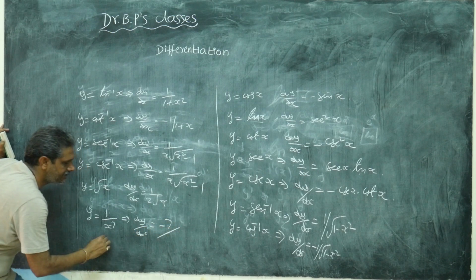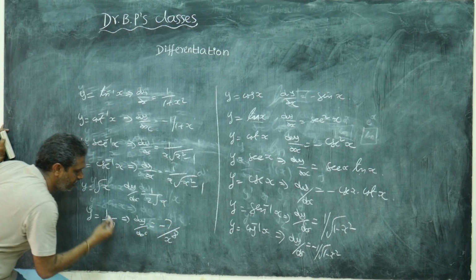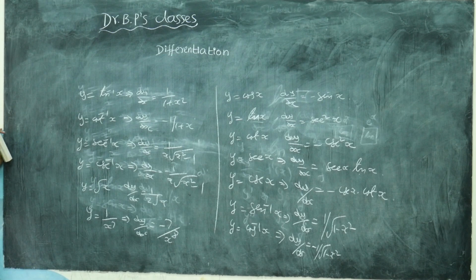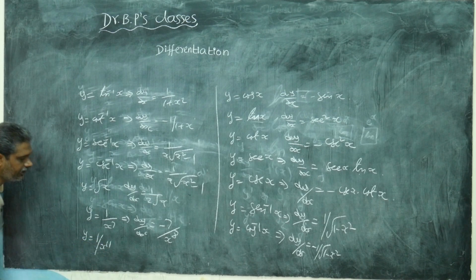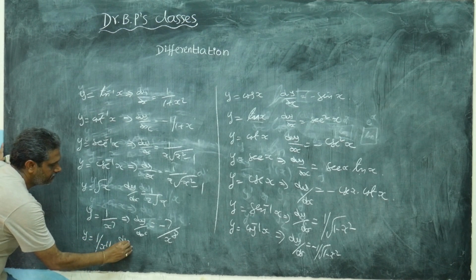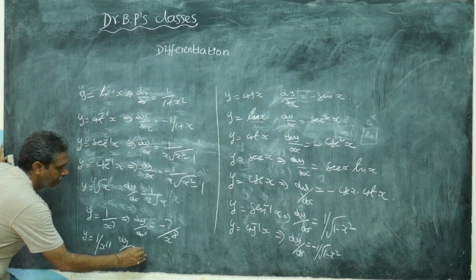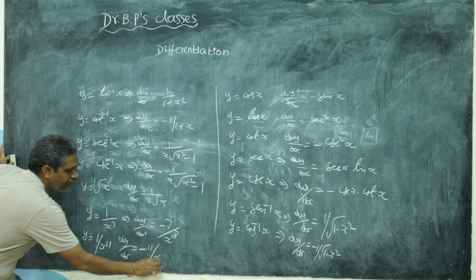Suppose 1 by x power 11, how will you write this dy by dx? Minus 11, increase 1 power.